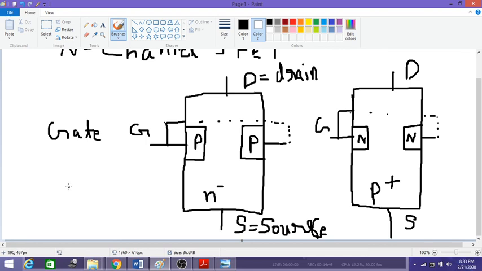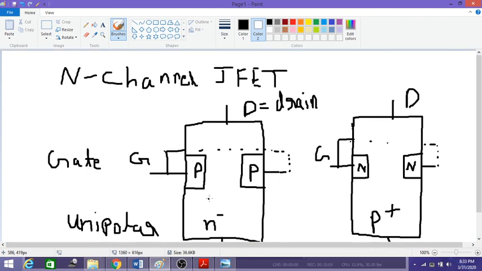That is why it is called unipolar junction transistor. Uni means one, bi means two. That is why BJT is called bipolar junction transistor, and JFET is called unipolar junction transistor. So now next we will look at the working of the JFET channel.